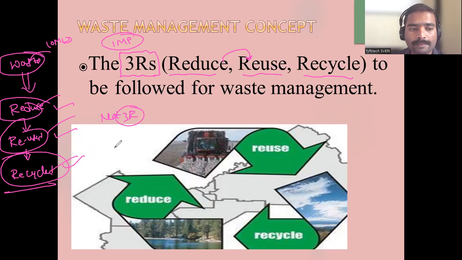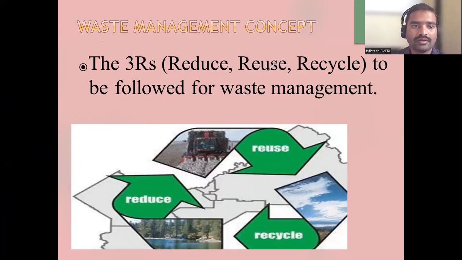Retreatment. He may use any one of these and give another one. You should remember this. In the 3R system, first we should reduce, or he may ask you to arrange in chronological order: reduce first, then reuse, and recycle.